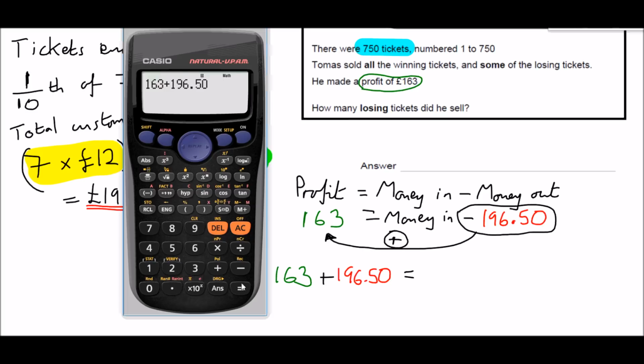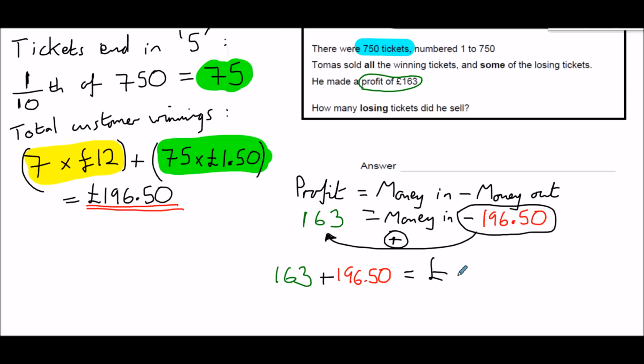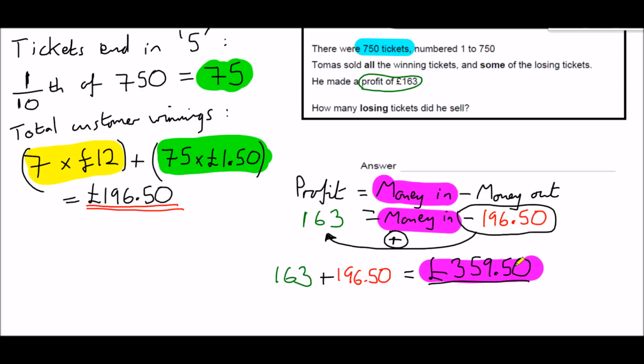And that tells us that it's £359.50. So the money Thomas takes from all his sales, his money in, must have been £359.50. Okay?